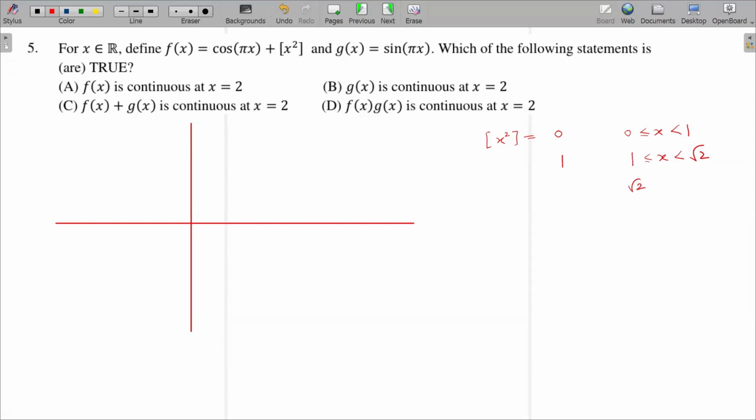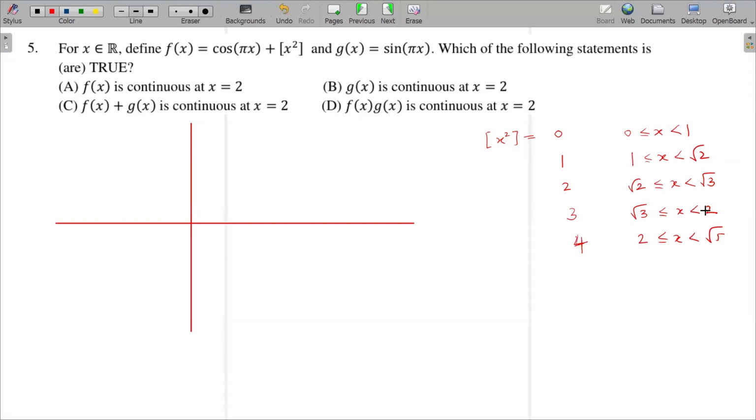Then root 2 less than or equal to x less than root 3, it is going to be 2. Then root 3 less than or equal to x less than 2, it is 3. And 2 less than or equal to x less than root 5, it's 4, right?